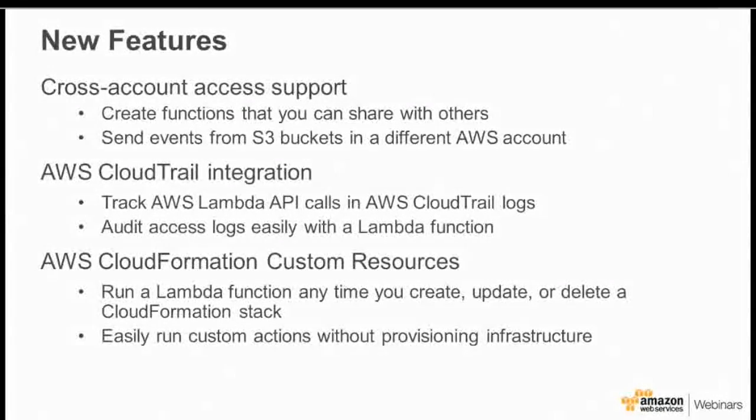We also added support to Lambda for CloudTrail integration. And if you haven't used CloudTrail before, this is an auditing service that tracks all of the API calls across all of the AWS services and enables you to get a log of those and store it in S3.